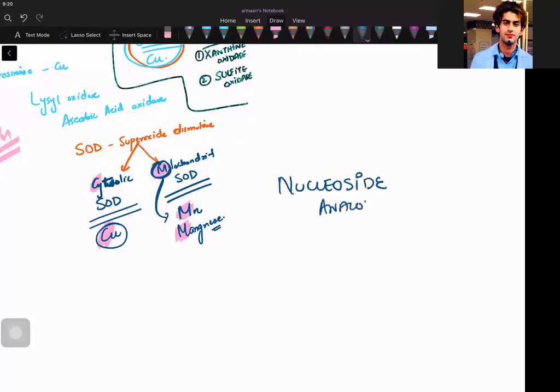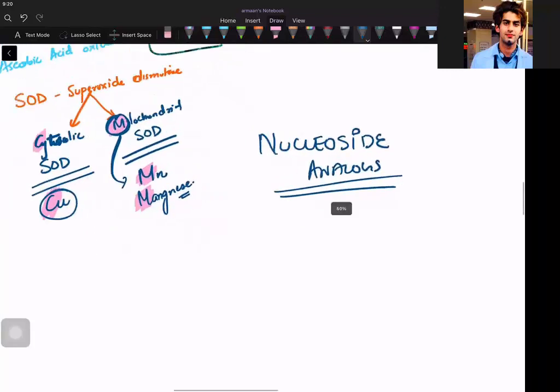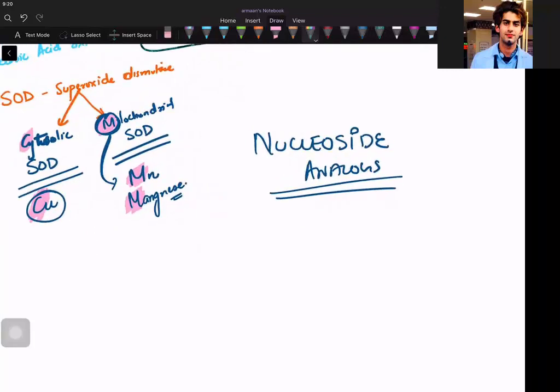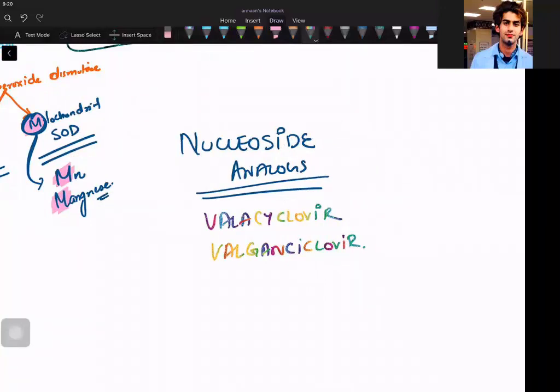Nucleoside analogs include valacyclovir and valganciclovir. I remember them as, since there is val, so val is valine. So these are valine ester products.